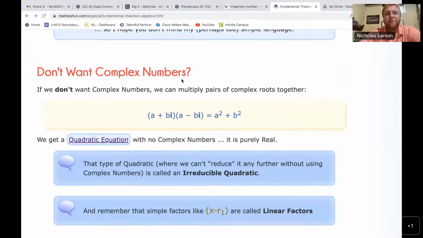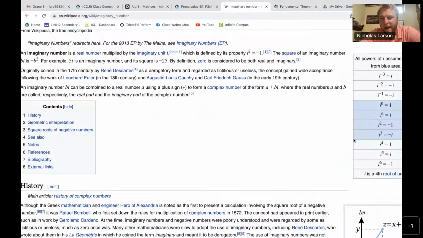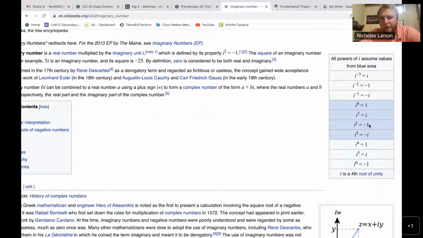If we didn't want a complex number, again, what could we do? We could multiply by the conjugate, which if we think about our FOIL, a times a is a squared. This gives me positive b times negative b, and then I times I, if I remember, I times I gives me -1.